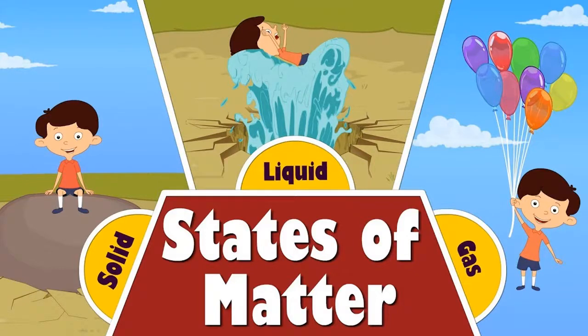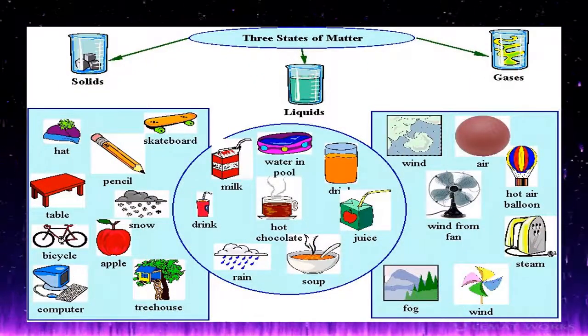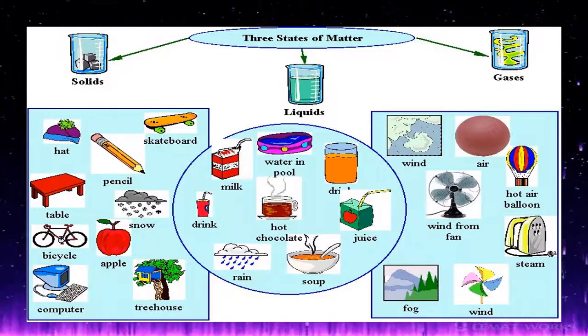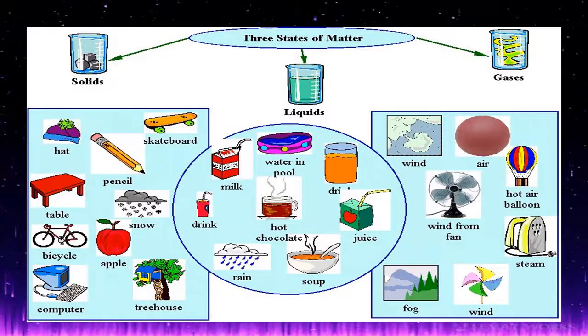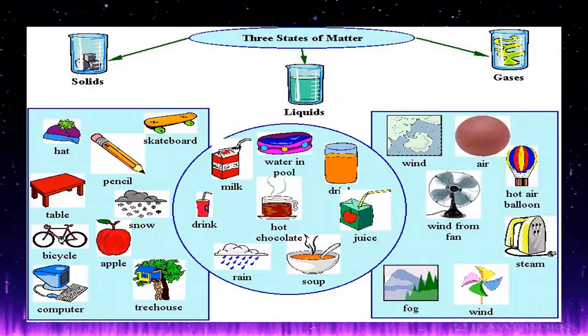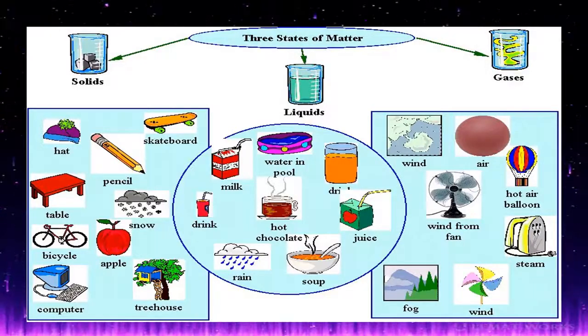Okay, so we studied about 3 states of matter up till now. Few examples of the 3 states of matter that you need to know. First is solid. Examples are hat, pencil, skateboards, table, apple, bicycle, computers. These are examples of solid.